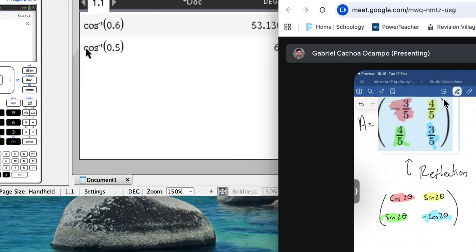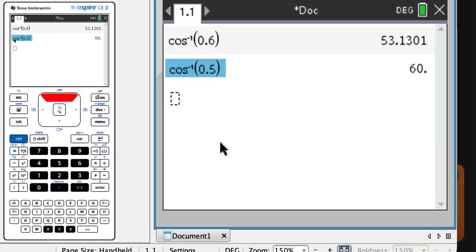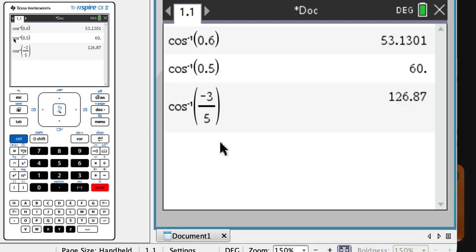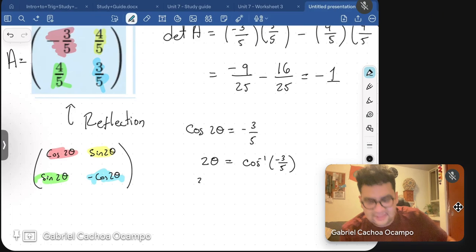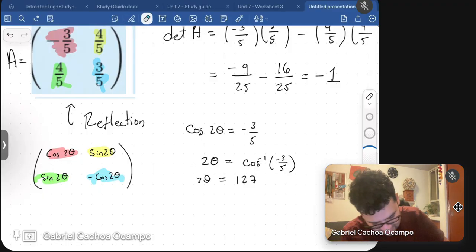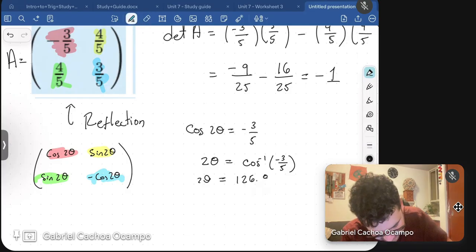That means that 2 theta equals to the inverse cosine of -3/5. If I go to my calculator and I find the inverse cosine of -3/5, that is 126.87. So 2 theta equals to 126.87.